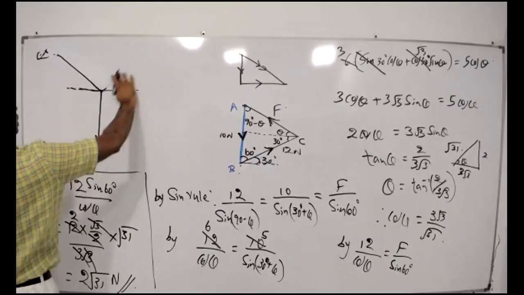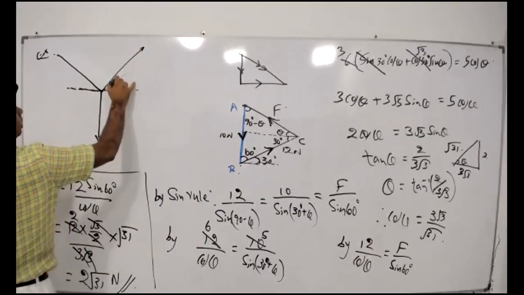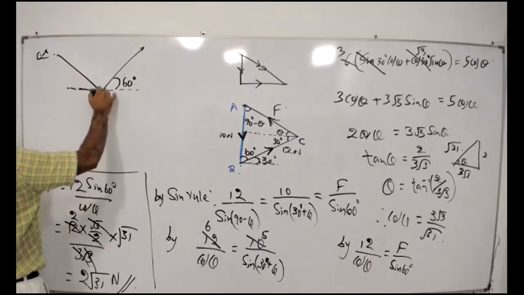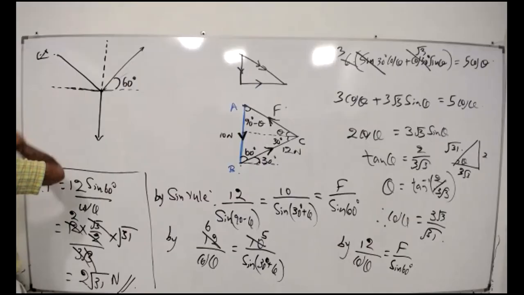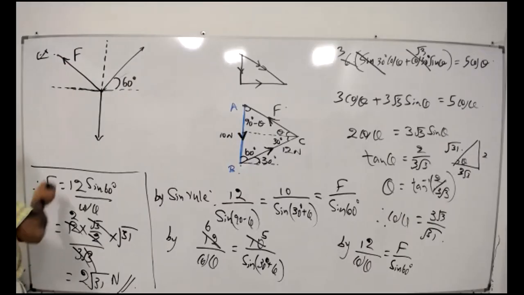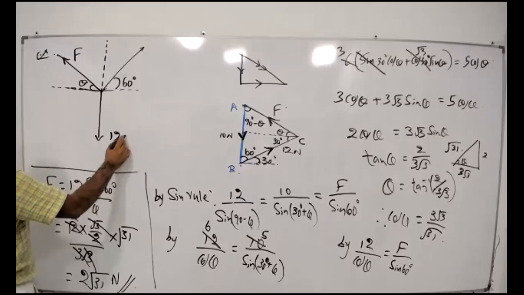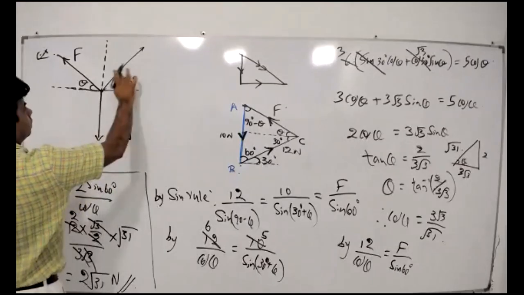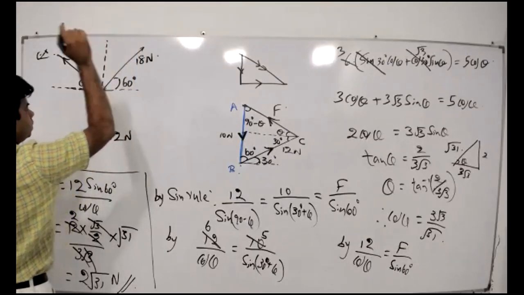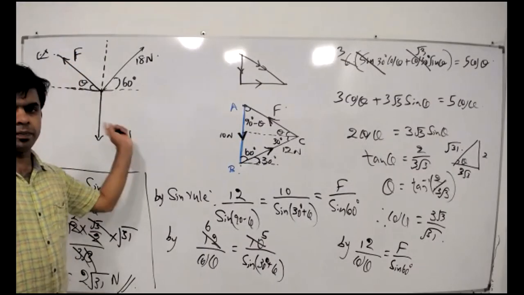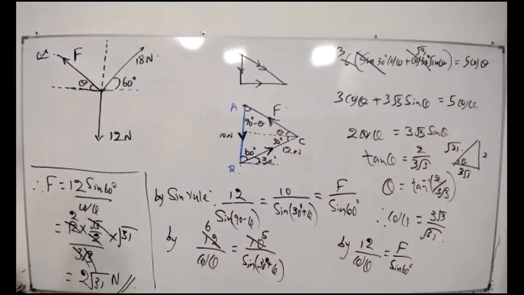This angle is 60 degrees, this angle is 60 degrees, and this way F newtons with this angle theta. So here 12 newtons, this way 18 newtons, and this is F newtons. Please represent them in a force triangle.